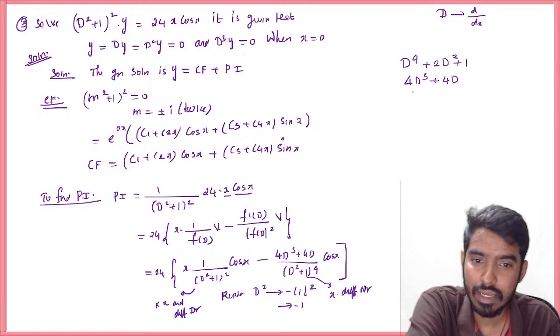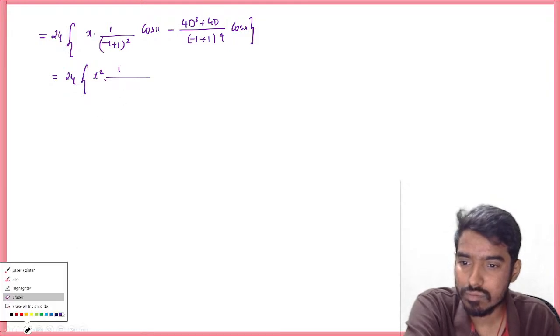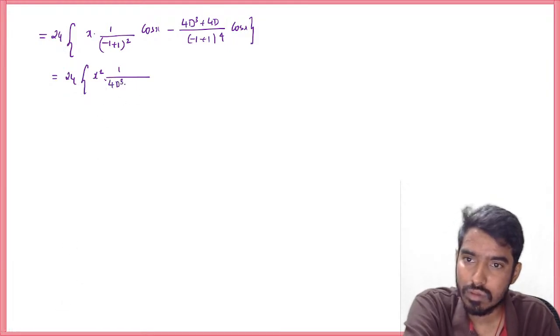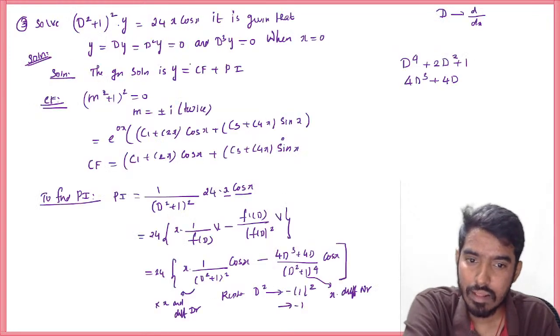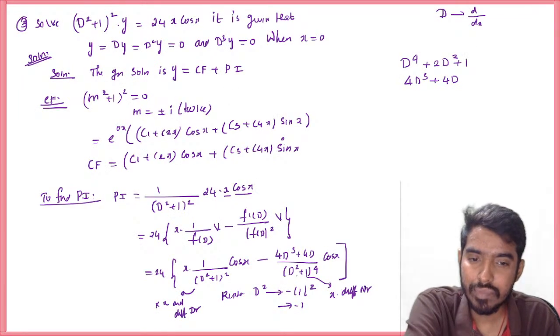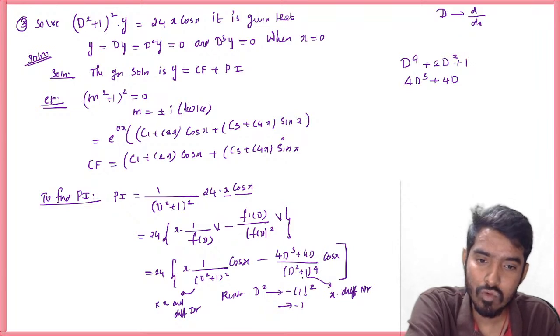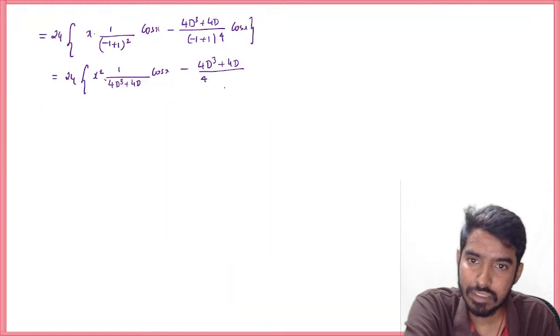To differentiate this, we will have 4D cube plus 4D cos x, and here we will have 4D cube plus 4D as it is. You have to differentiate this again: 4 times D square plus 1 whole cube into 2D into cos x.